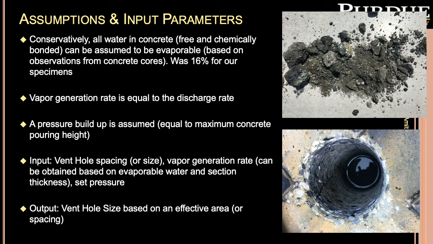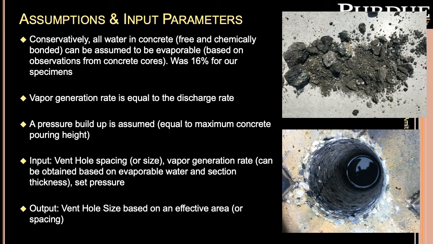So based on these assumptions, the input parameters are as follows. You can start off assuming the vent hole spacing or the size, and then you will get the other as an output. If you assume the spacing, then you can get the size. The other input parameter would be your vapor generation rate, which would depend on your section thickness. If you know the surface temperature curves, you can calculate the evolution of temperatures through the cross section and then calculate the vapor generation rate.